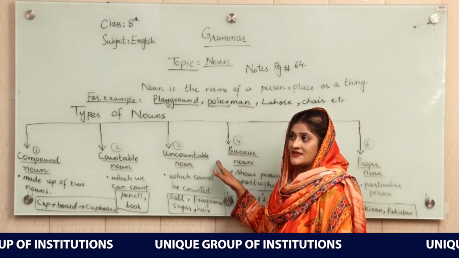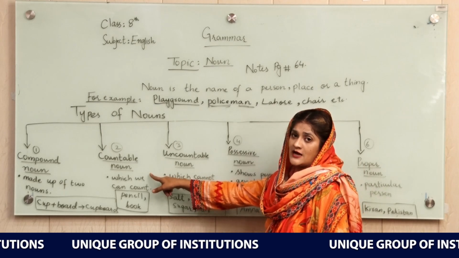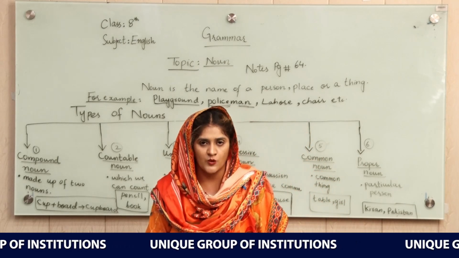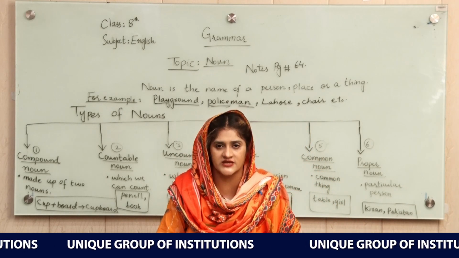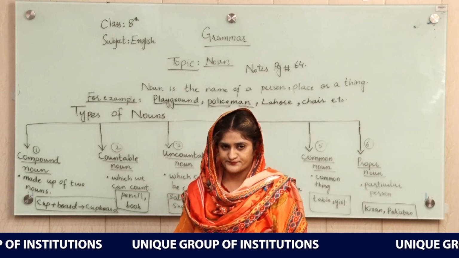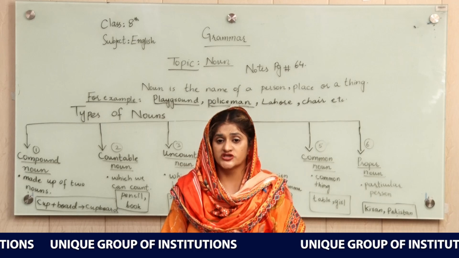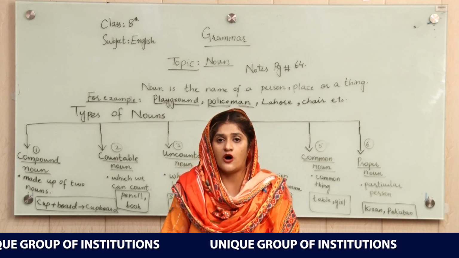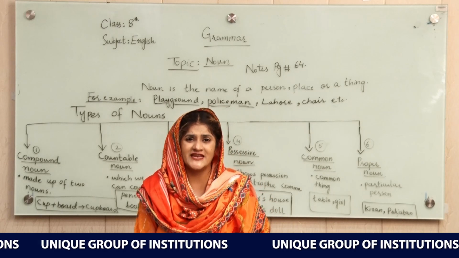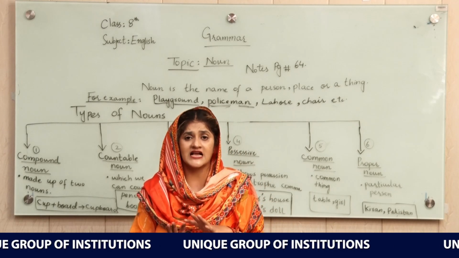What is uncountable noun? This is countable noun, so it is totally opposite. Uncountable, which we cannot count, which is not possible for us to count. So what are these things? If you see sugar, salt, if you can smell the fragrance, you cannot ever count it.